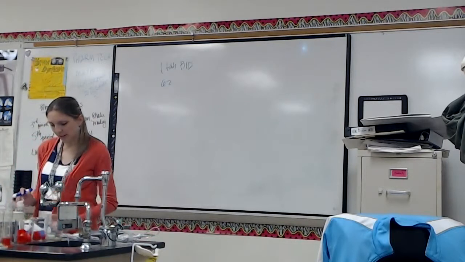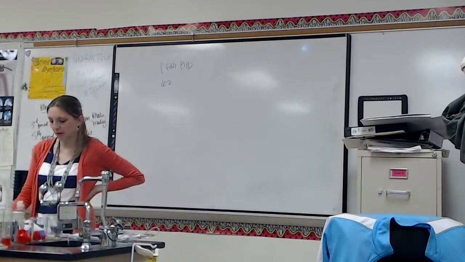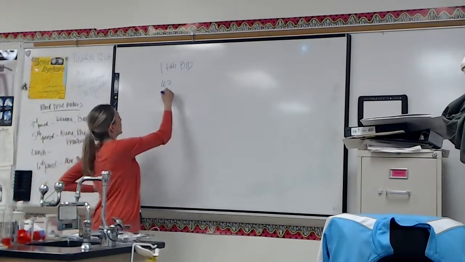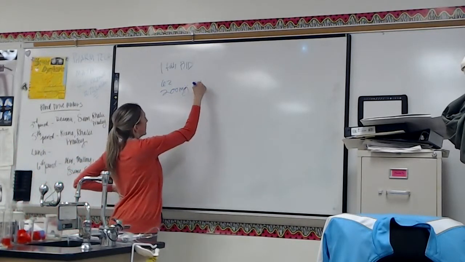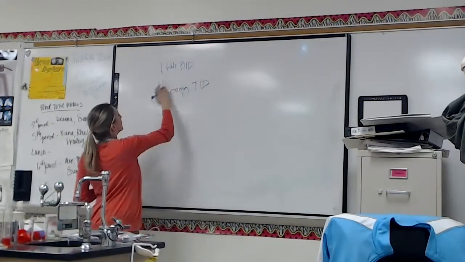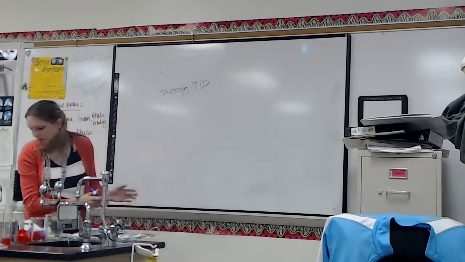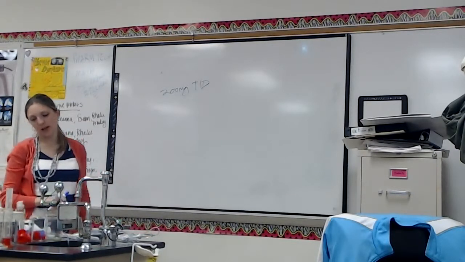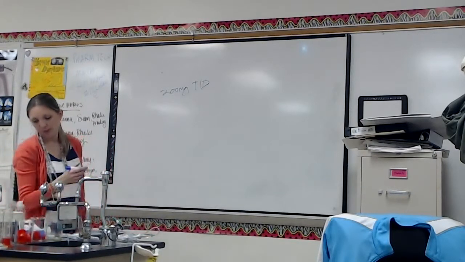Look at one that has another. Look at number 7. Physician prescribes erythromycin, 200 milligrams TID, using this label. How many days would it last? So let's look. We have 200 milliliters.